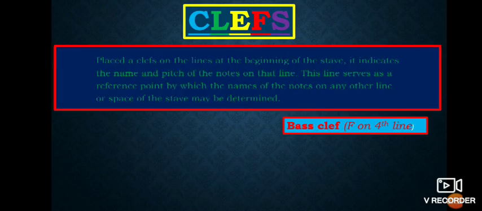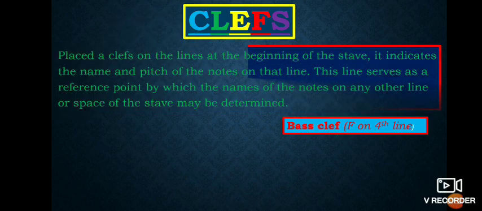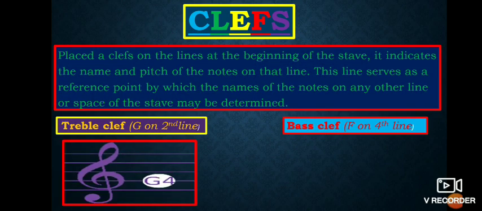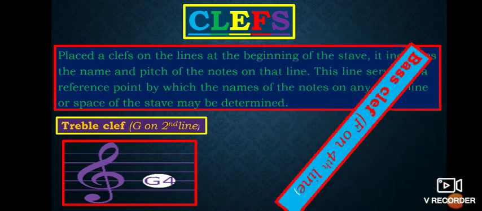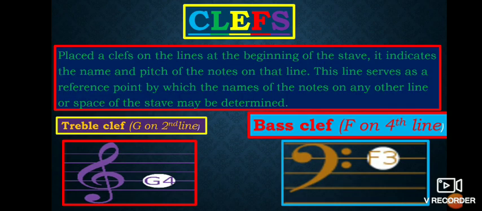Now, the second line of the treble staff is where you start drawing the treble clef, which is line G, and so you can call it the G clef, treble clef, or G clef.